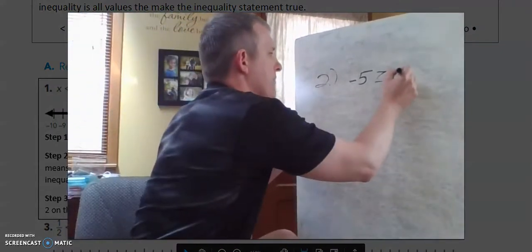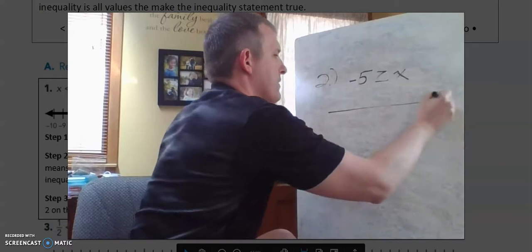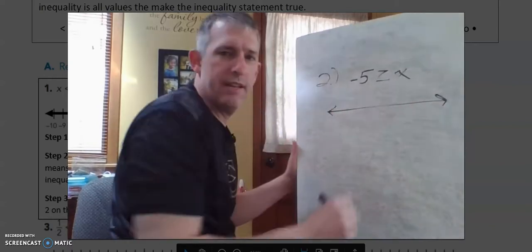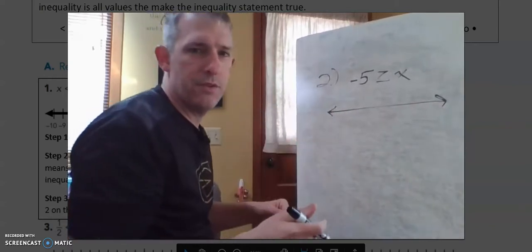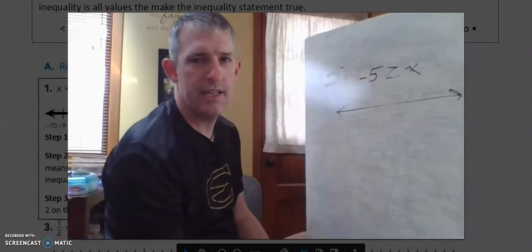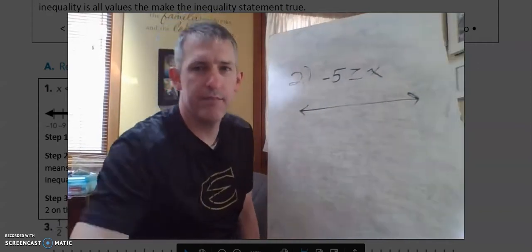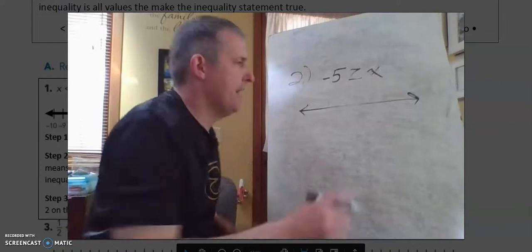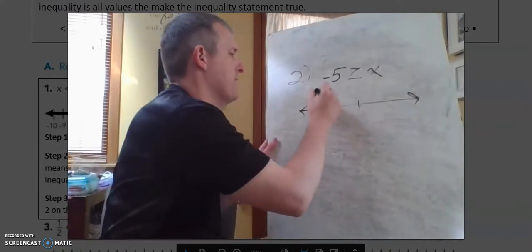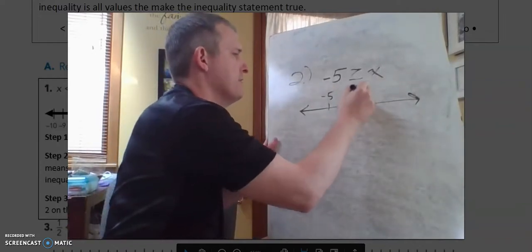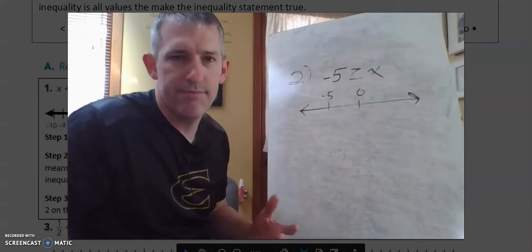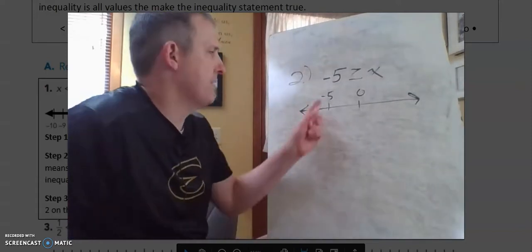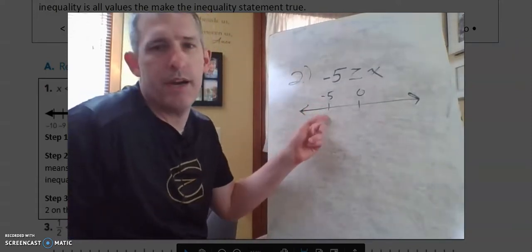Well, let's draw our number line. When I draw number lines, I'm pretty lenient. I just do a little sketch here. It doesn't have to be all filled out. Negative 5 is obviously going to be on this side of 0. I'm mostly interested in where 0 is and where the number in question, negative 5, is. So we would put it about right here.